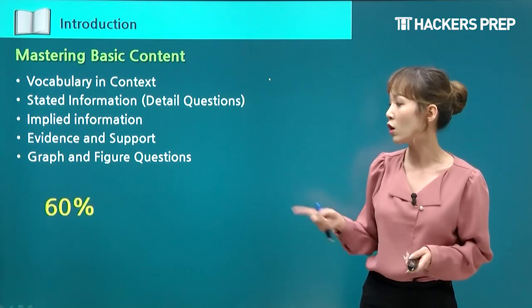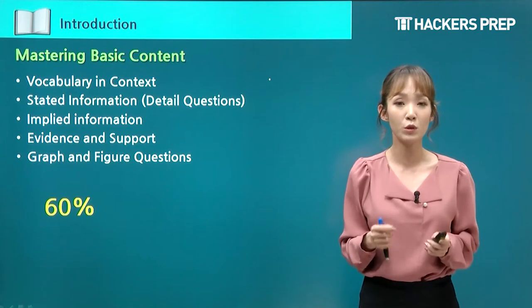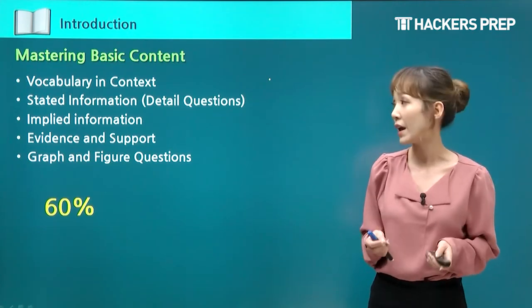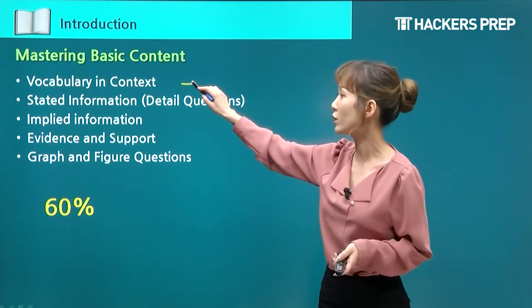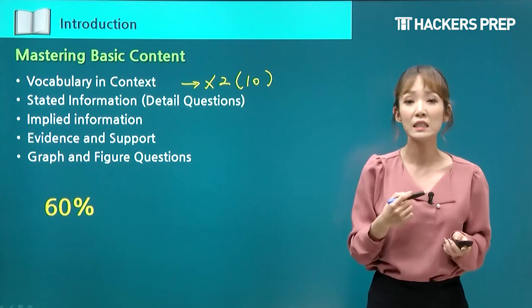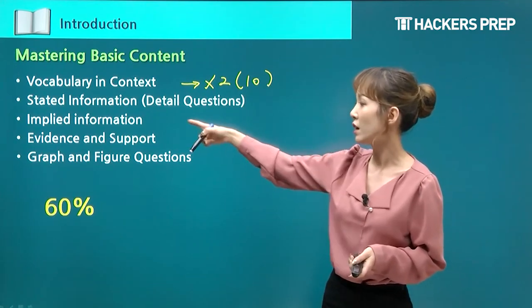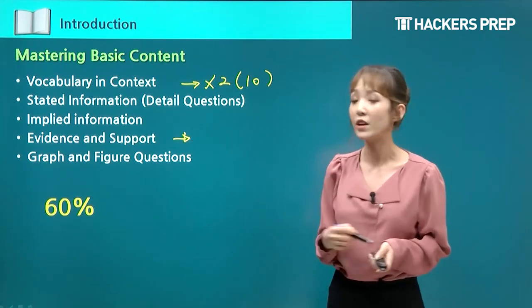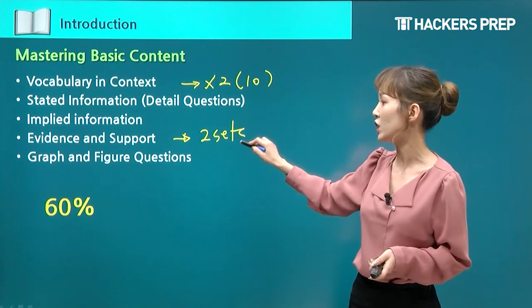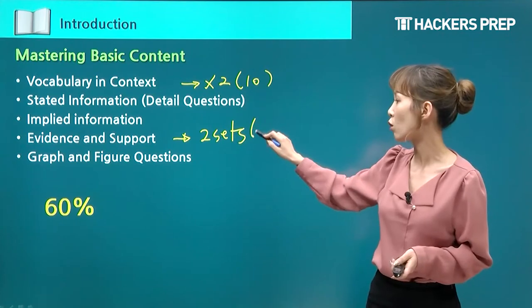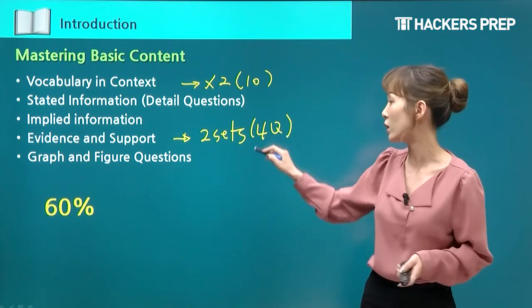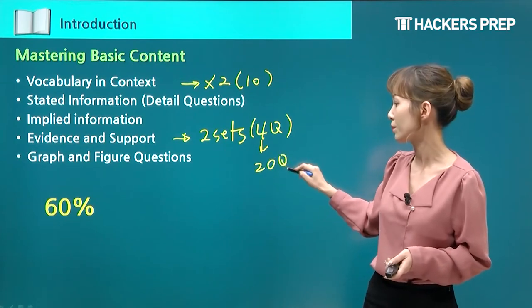Now, if you look at mastering basic content, these will be the most important questions in my opinion. Why? Well, first of all, they account for 60% of the total number of questions. So that is a lot. And also, vocabulary in text, usually 2 per passage, so 10 questions. Stated information detail questions, implied questions, as well as evidence and support-based questions: there will be 2 sets for each passage, meaning what? 4 questions per passage. So these will account for about what? 20 questions.